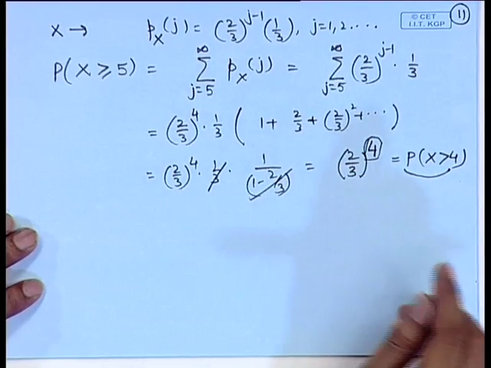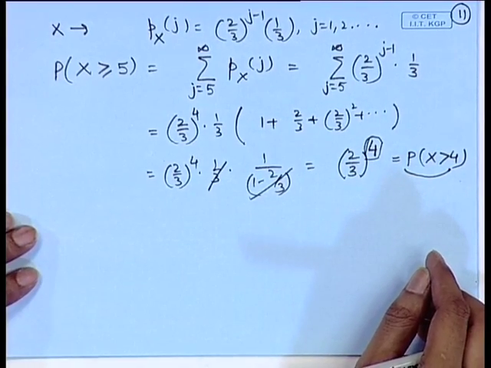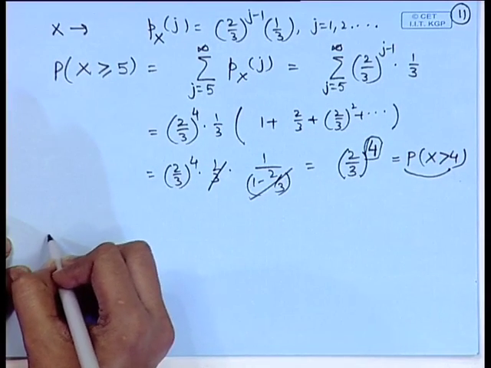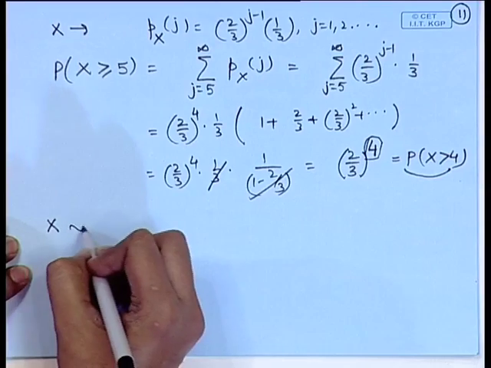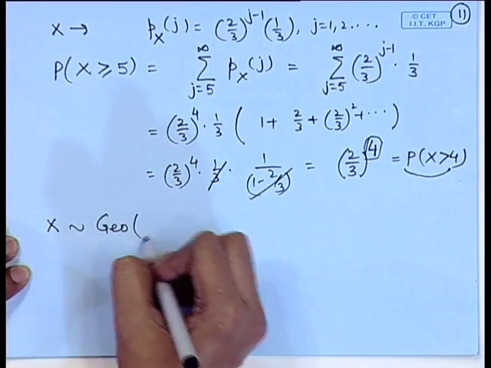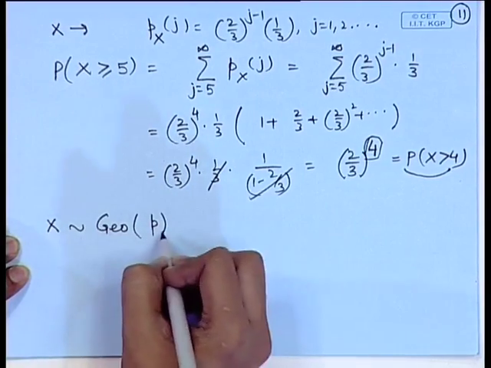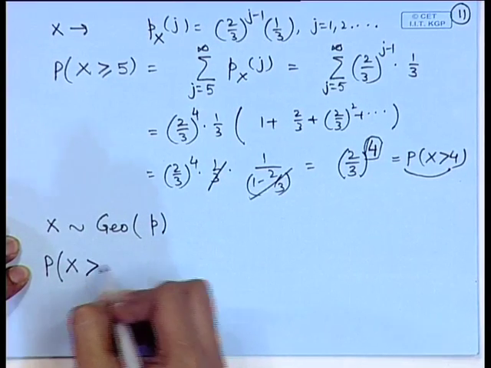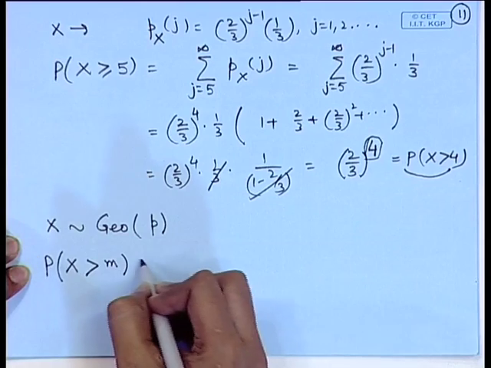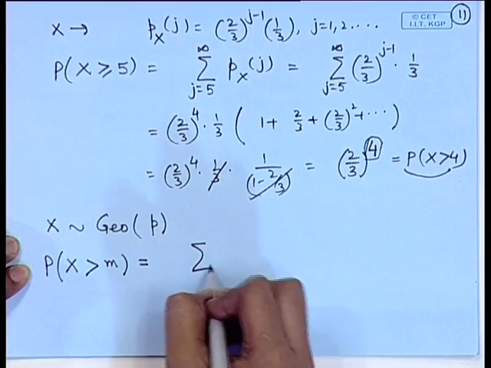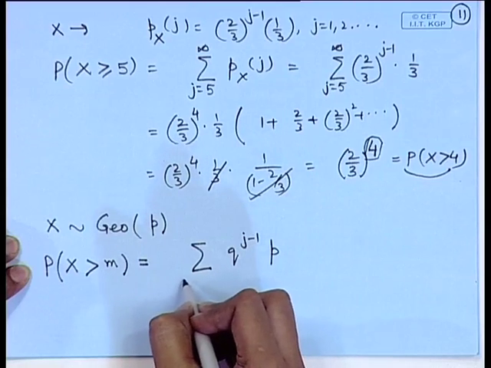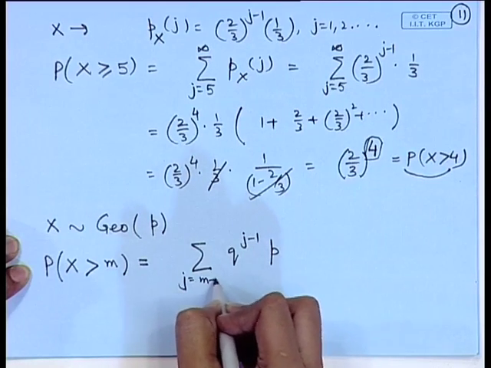So, from here we can write down somewhat more general expressions. So X is a geometric distribution with probability p of success in each trial. If we look at the probability, say X greater than m, then this is equal to the sum of q^(j-1) p, j equal to m plus 1 to infinity.